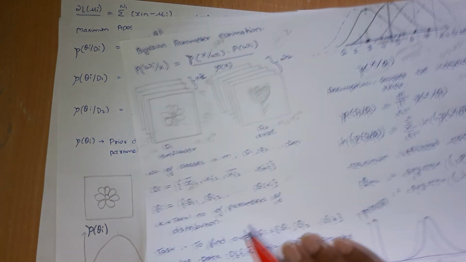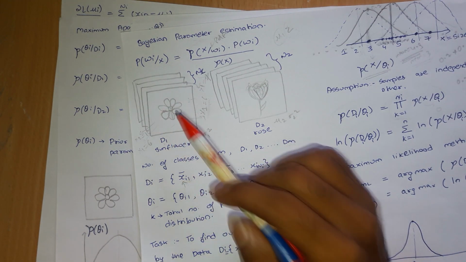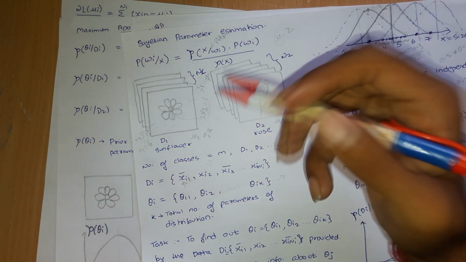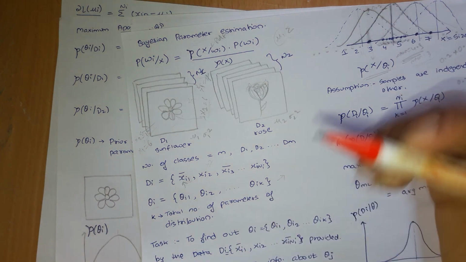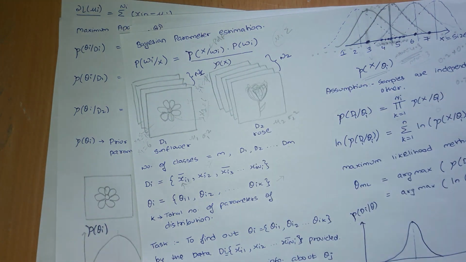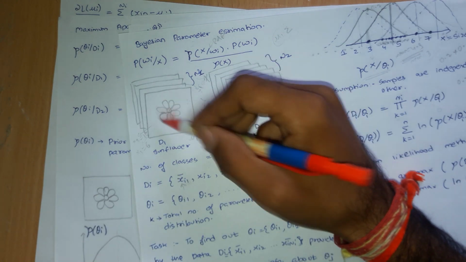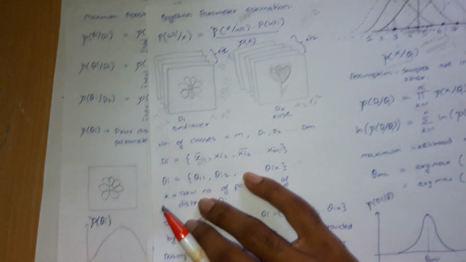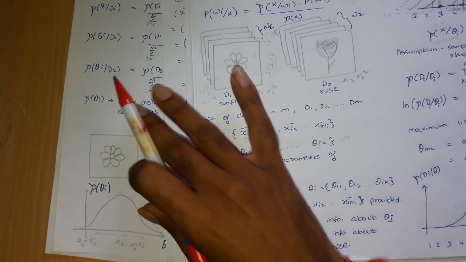Say I, as a developer of the algorithm, know how the sunflower looks, and say from some previous data or some estimation, I am giving it the information that if it is a sunflower, its mean would be something like this. The mean should be some mu naught.